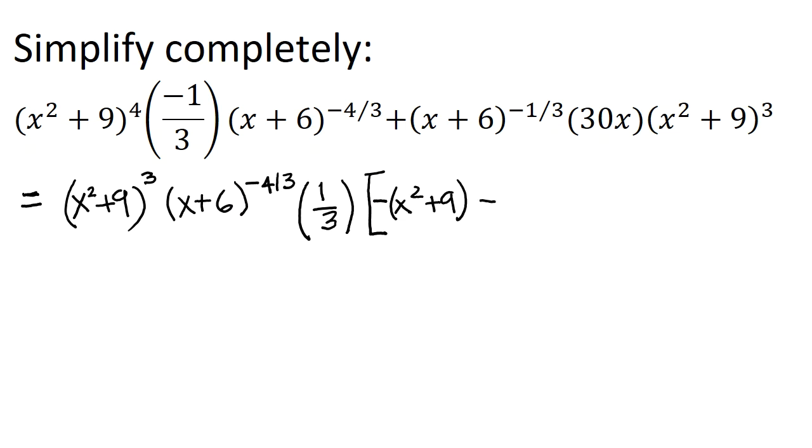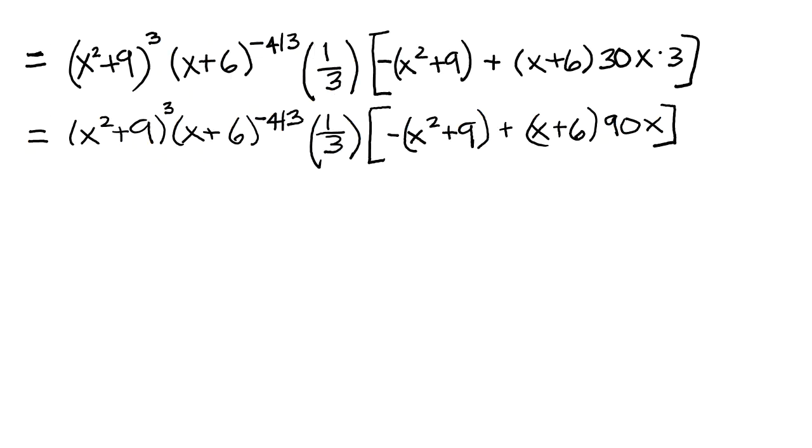And then, since I've got the smallest power here, I've got x squared plus 9, so that's already there. I'm going to have x plus 6 just to the power 1 times 30x. I've got to take into consideration this 1/3, so it's 30x, and I better multiply it by 3 because that takes into consideration the 1/3 here. And this is going to work out to be the simplest way to do this.